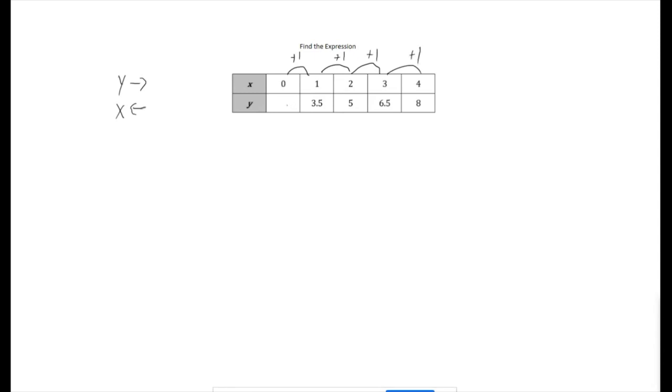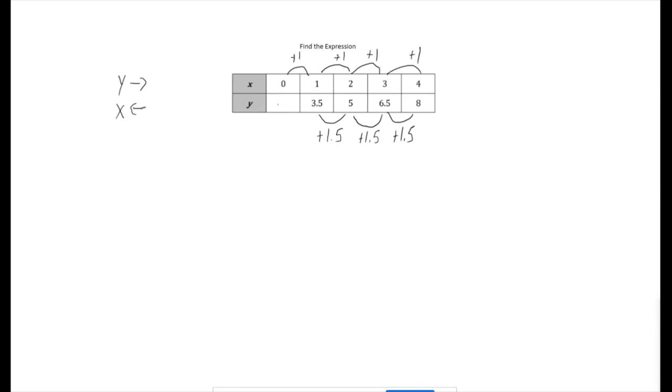Well, we don't know the value of y when x is equal to 0, so we start from 3.5 to 5. 5 minus 3.5 is plus 1.5. 6.5 minus 5 is plus 1.5. And 8 minus 6.5 is plus 1.5. If this pattern holds, we can assume that y increases by 1.5 for each x increase by 1.